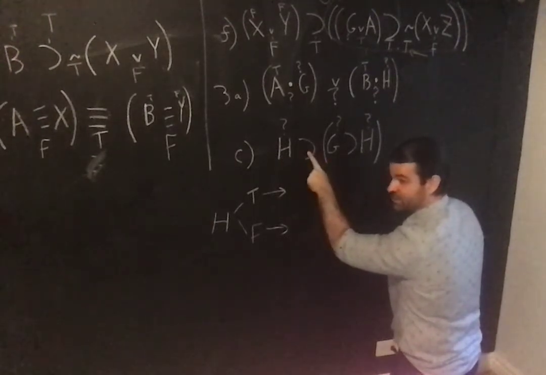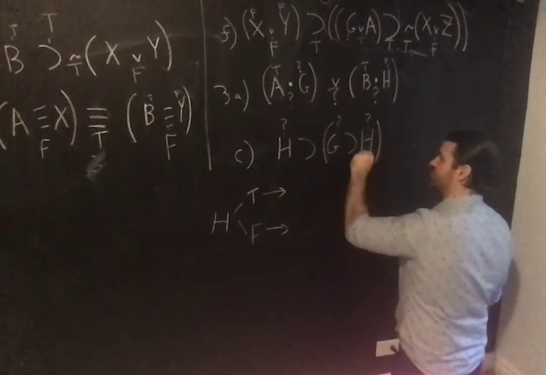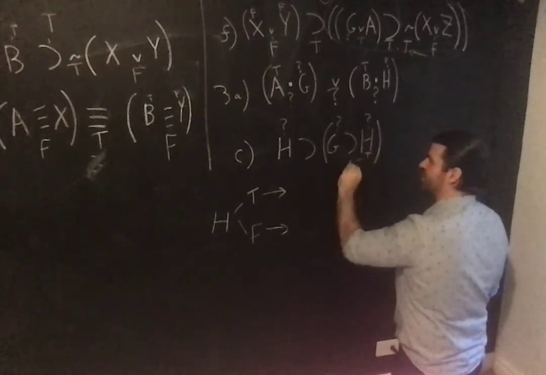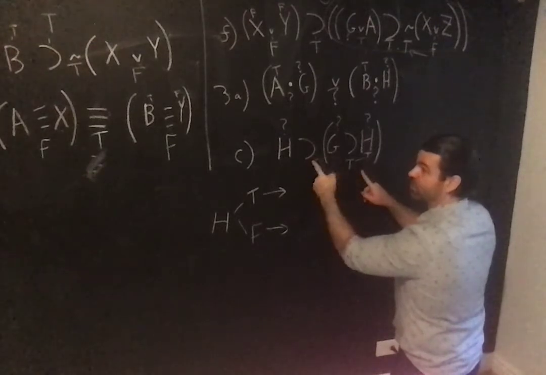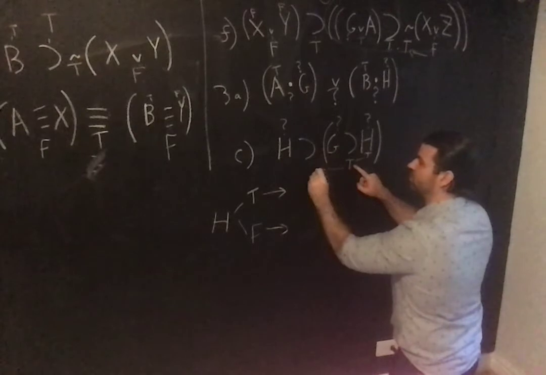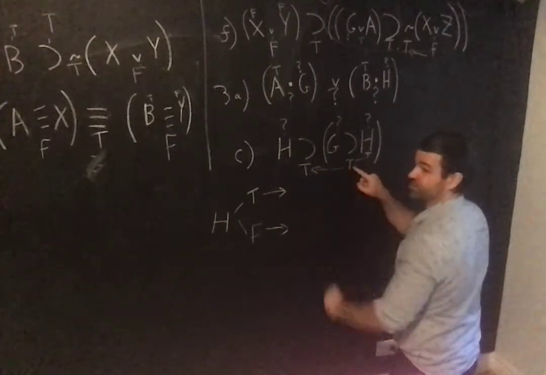Not yet, right? But if H is true, then H is also true over here. It's a true consequent for this conditional, making this conditional true, which means the consequent of the overall conditional is true, and that suffices for the truth of the thing.